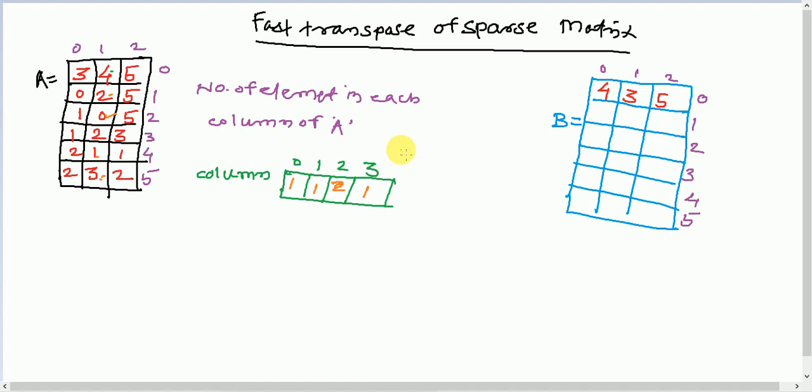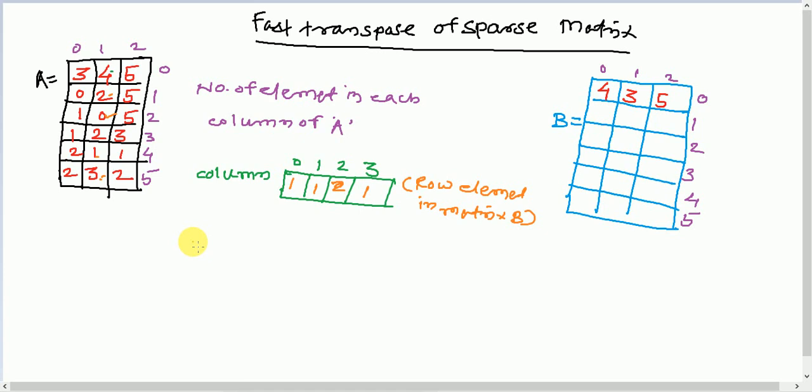After that, the next thing we are going to find is the row index for the respective column, because the column elements will become row elements in matrix B. Column 0 will become row 0 in matrix B, so we'll find their start index.